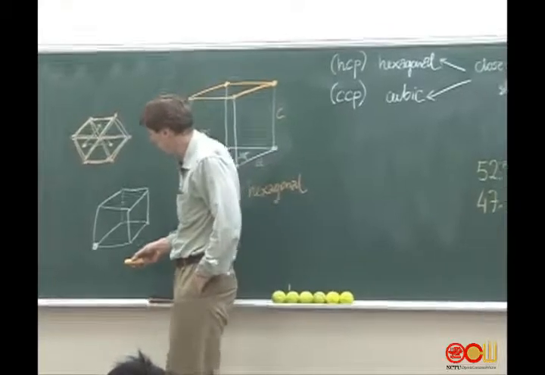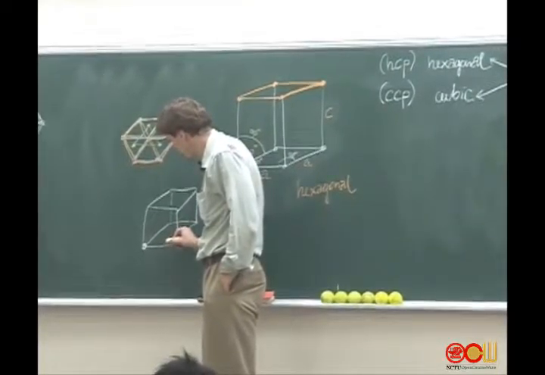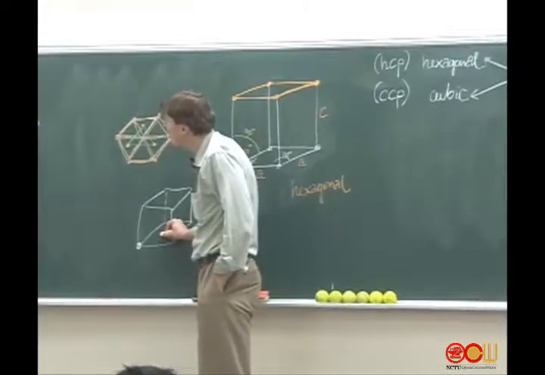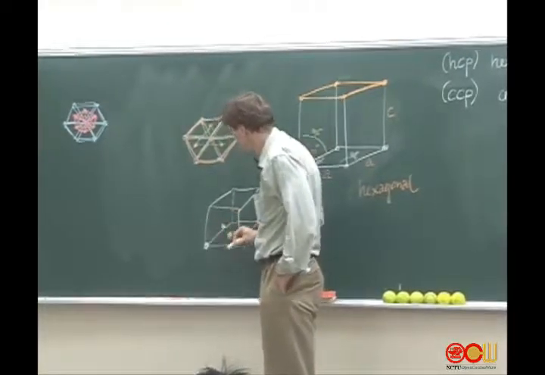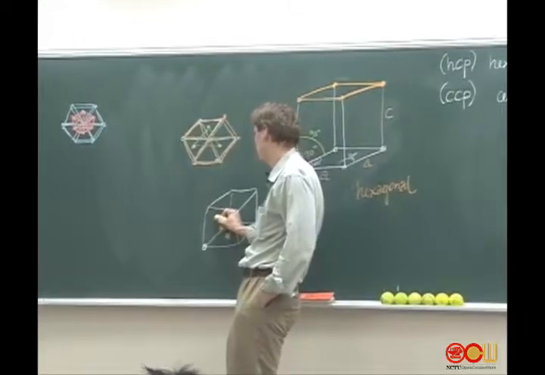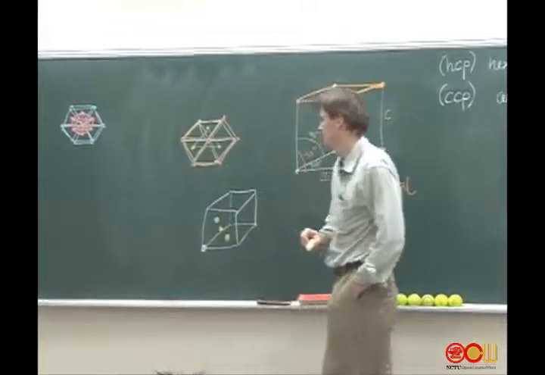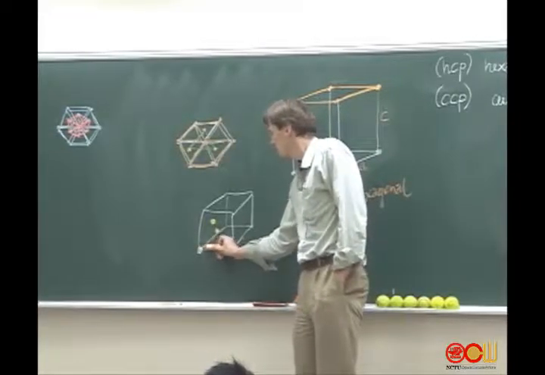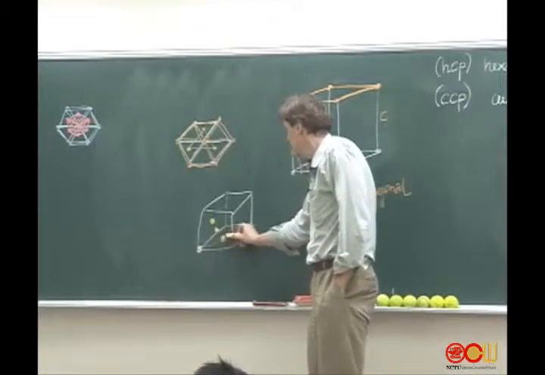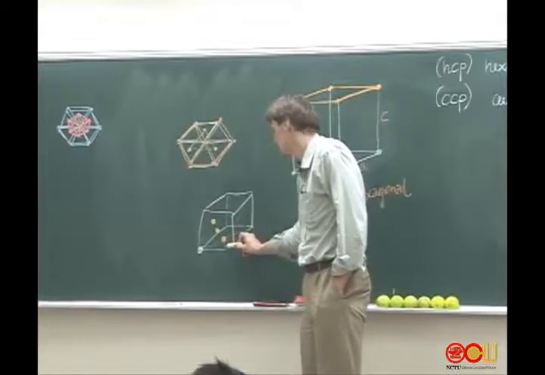So another one, the closest, must be in the middle of every wall. 1, 2, 3. Difficult to see, but I mean that this is in the middle of this wall. It should be here.